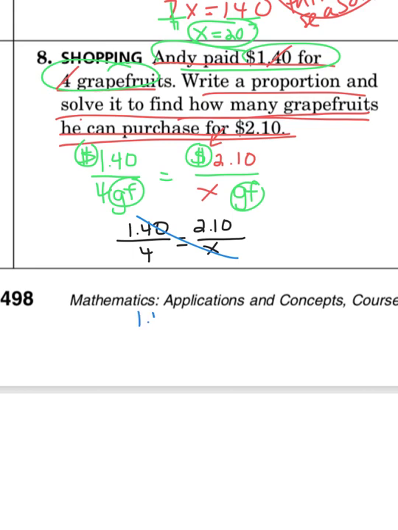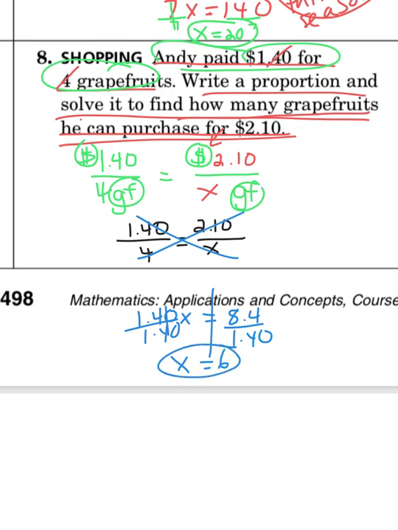So that's going to be $1.40 x equals, and 4 times 2.10 is 8.4. Okay, divide by $1.40. Divide by $1.40. X equals 6.